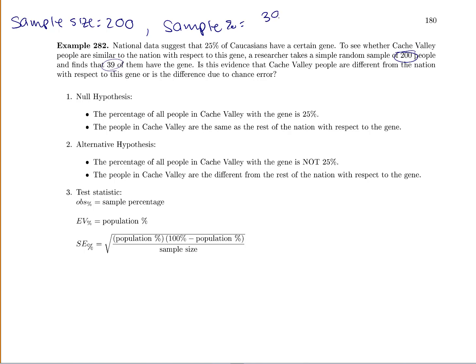So it'd be 39 out of 200. Now to calculate percentage, you divide the 39 by 200 and then you times it by 100%. And just put it straight into your calculator. So 39 divided by 200 times 100. You don't actually have to push a percent sign or anything. That's just more like units, like saying inches or something. Gives me 19.5%. So that's my sample percentage.